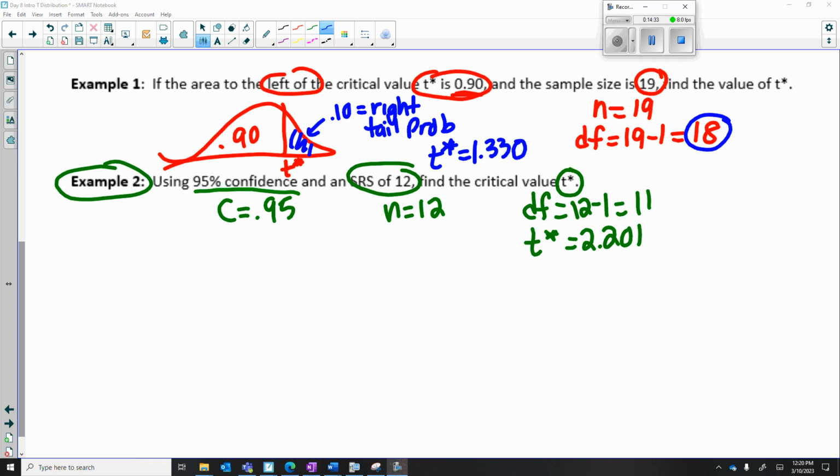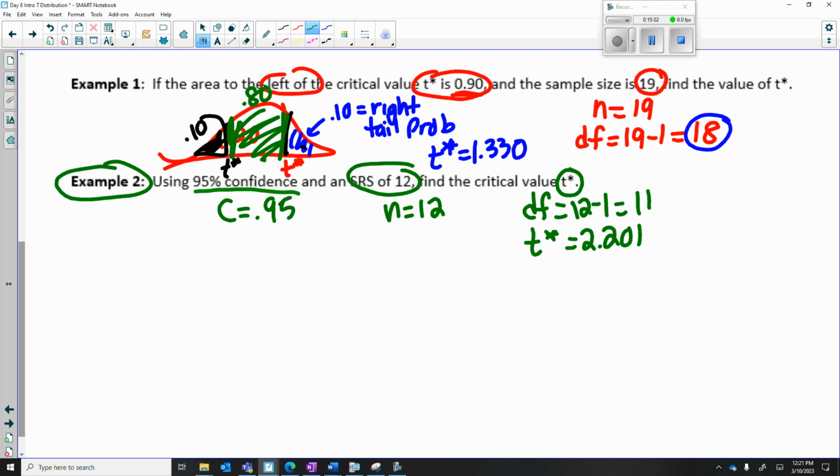Now, something else to note about that is you could also look at the confidence level, but it's not 90. So I want to show you that. So if this was 10, then the symmetric area on the other side of the t-score would be negative t-star. So this would also be 10. So think about if this is 10 and this is 10, that's 10 plus 10 is 20, which would mean that this middle chunk symmetrically would be 80.